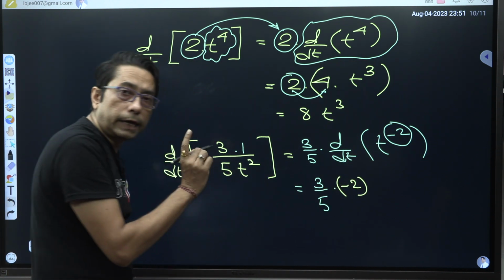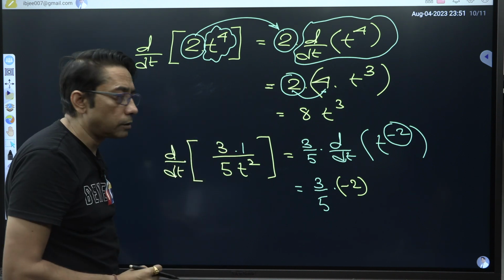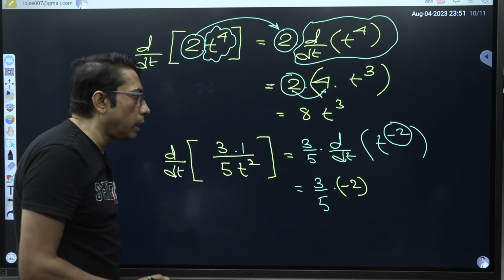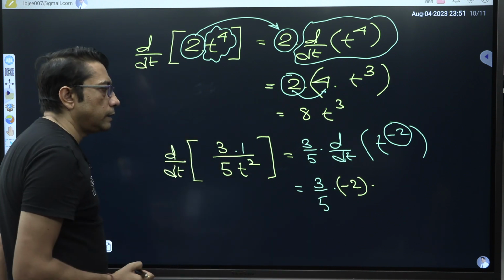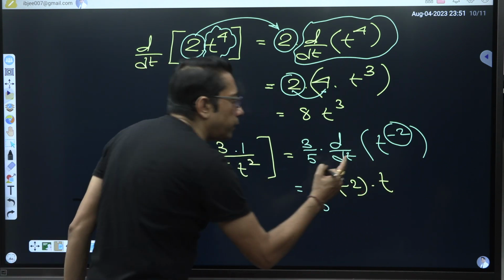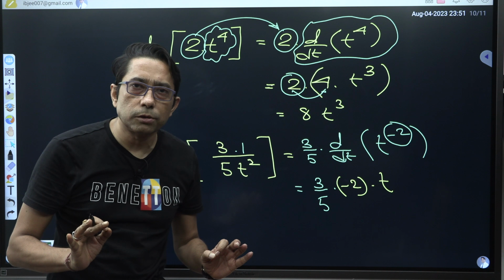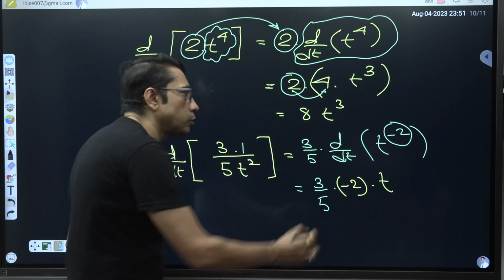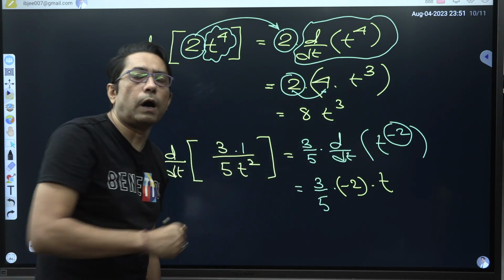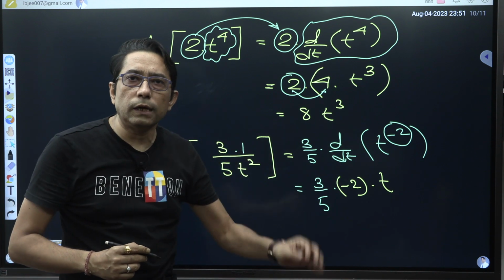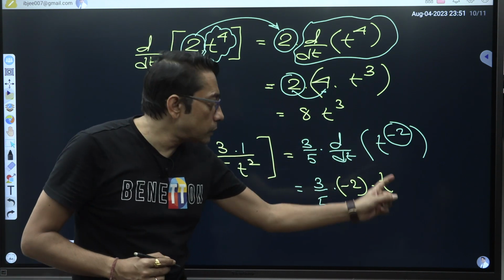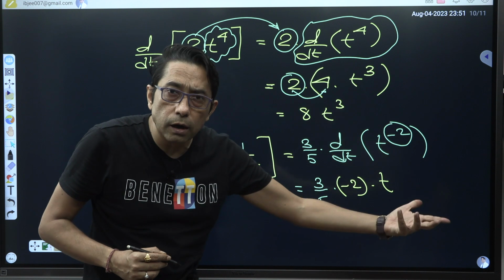If you see there is a negative sign, please put a bracket. So -2 comes in front, and then the power of t should increase or decrease by 1? Hitesh? Decrease by 1. It already has -2 power. If you further decrease by 1, it was already minus 2 minus 1. How much is the power?